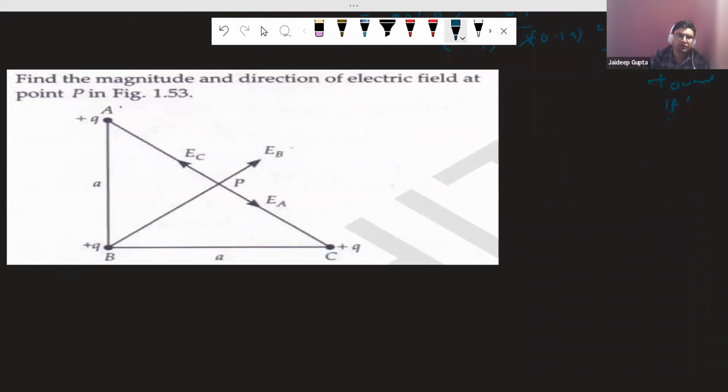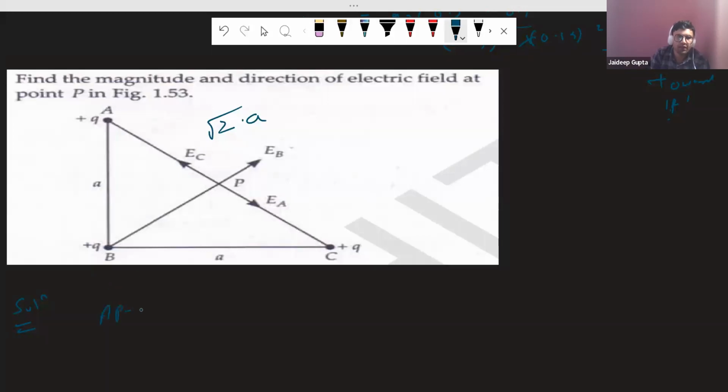One more question. Find the magnitude and the direction of the electric field at point P in figure 1.53. This is the figure. In this question, we have to calculate the electric field at point P. Look, if it is A, by using Pythagoras, the total distance AC is root 2A.